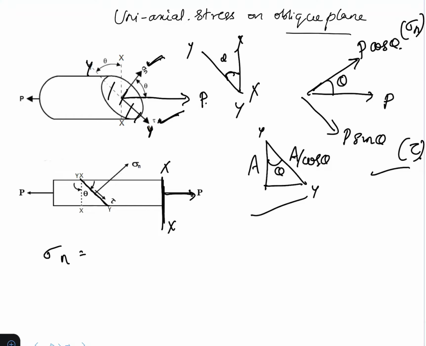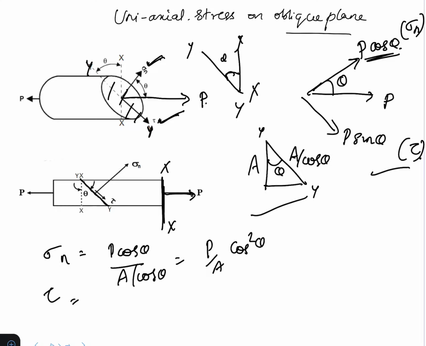Sigma n is equal to, P cos theta acting over an area of A by cos theta, so sigma n will be P by A cos square theta.